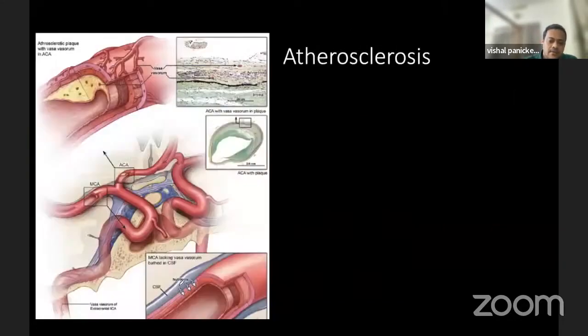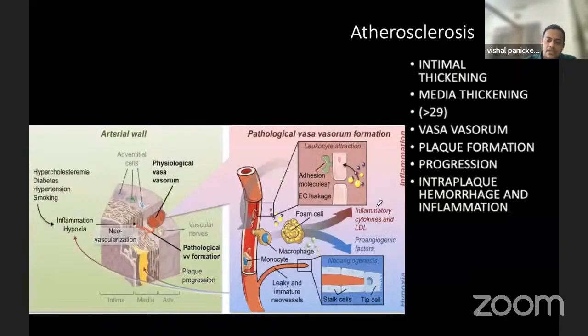Usually the nutrients of the intracranial vessels come from the CSF outside and from the blood inside. So with the progressive thickening of the vessel wall, media thickening and increased muscular layers, usually a threshold of 29 layers is set.